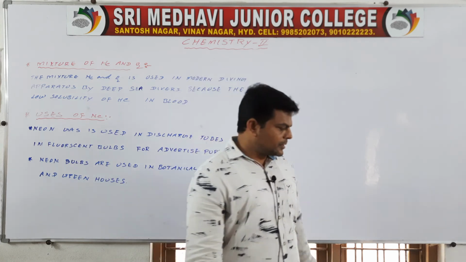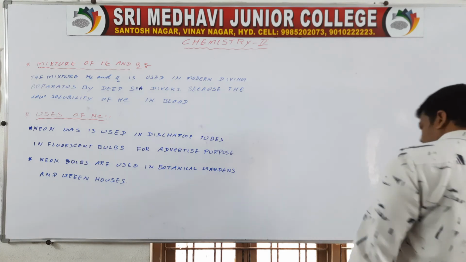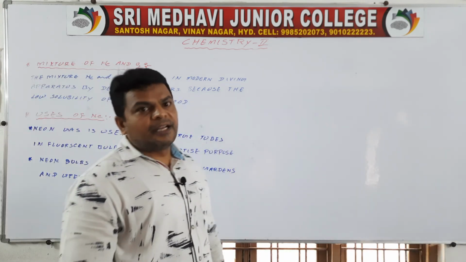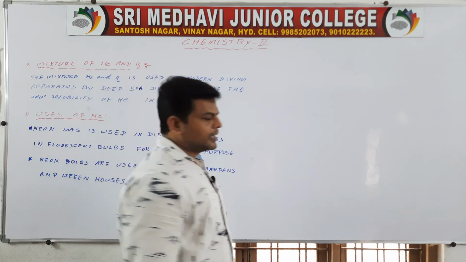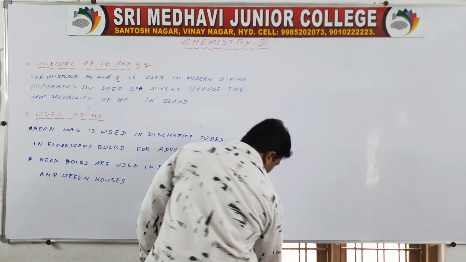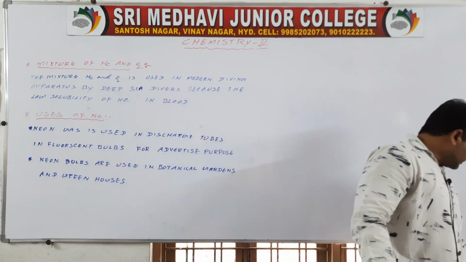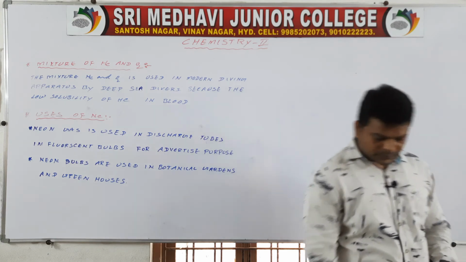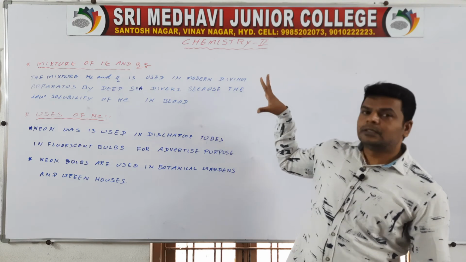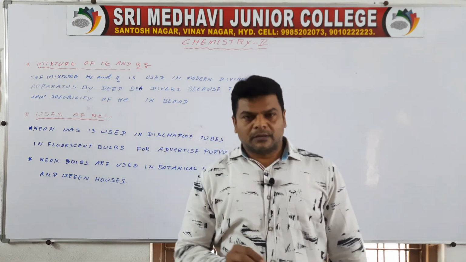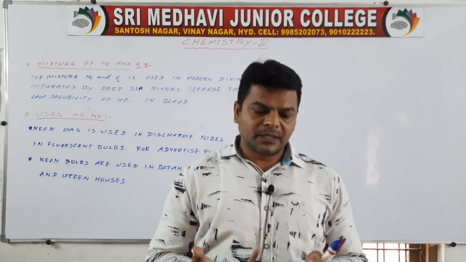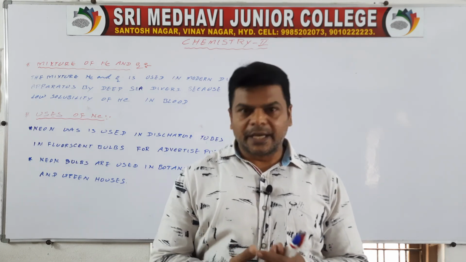Next we are going to discuss one more chapter, the D and F block elements. Briefly about P block: in this chapter we discussed the 5th group, 6th group, 7th group, 8th group.